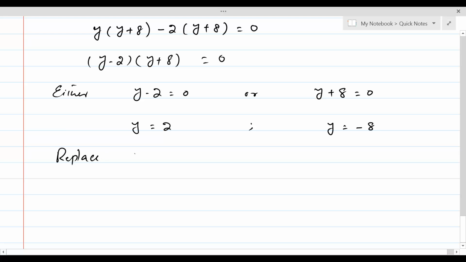Now we will replace y by the original value. What was the original value? That was the square root of 2x square minus 3x plus 2.